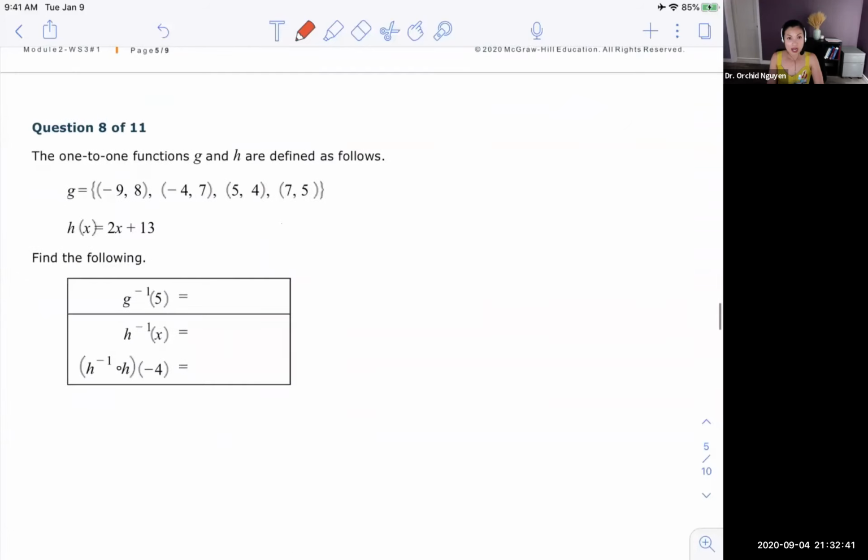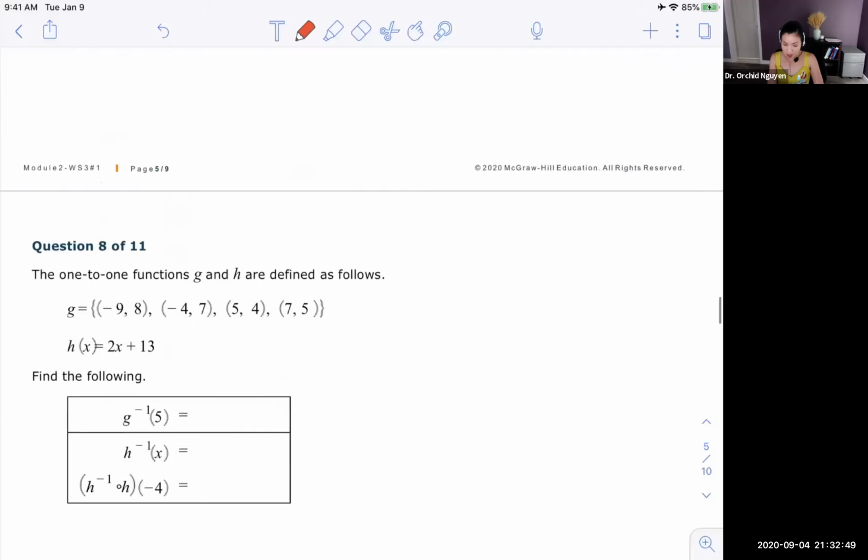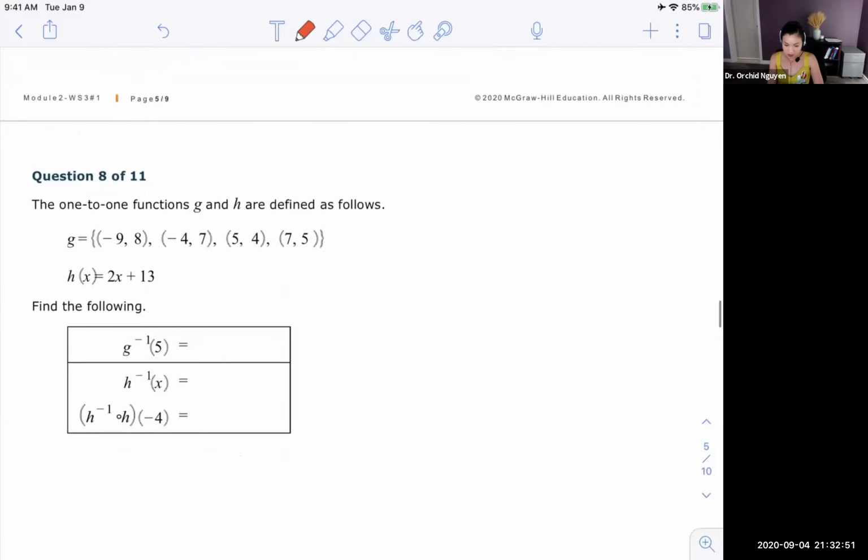All right, now what we have right here is a one-to-one function. They're asking you to find the inverse. So let's talk about inverse functions. A function is one-to-one if and only if it has an inverse. So one-to-one and inverse go together.